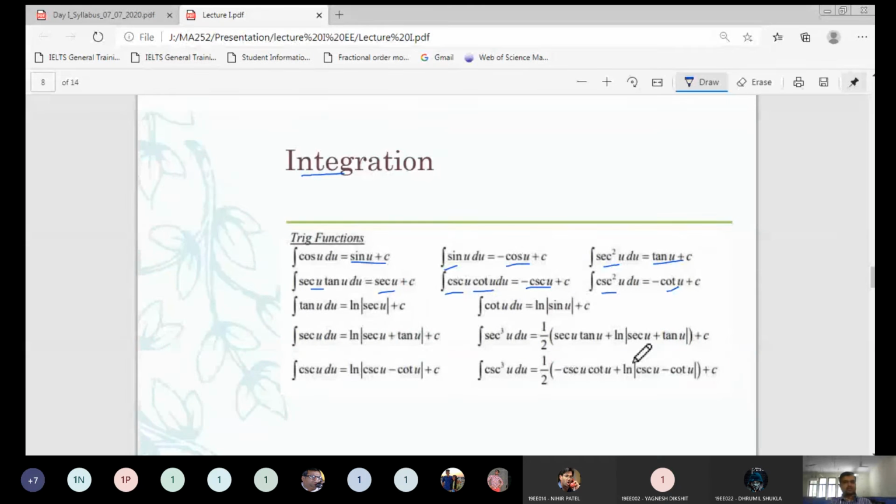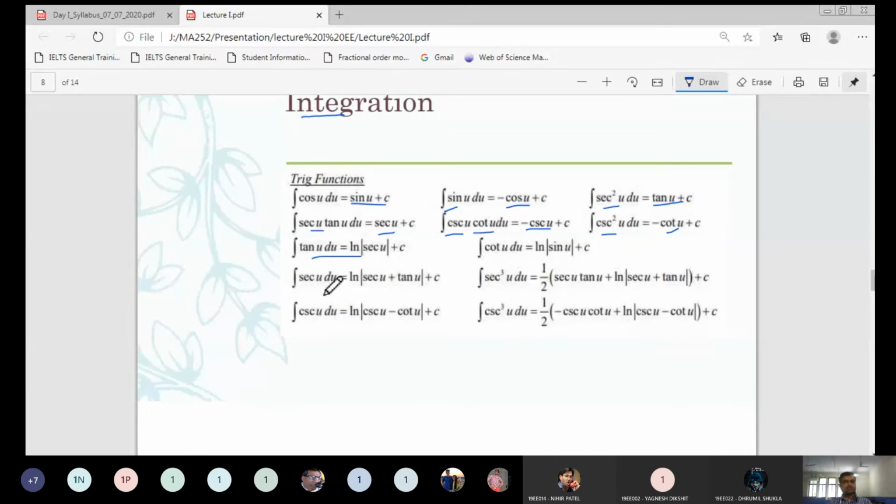Then integration of tan u will be log sec u plus c. Integration of cot u is log sin u. Integration of sec u is log sec u plus tan u. Integration of sec cube u is a longer expression, which will not be useful to us in this course, so don't worry about it.